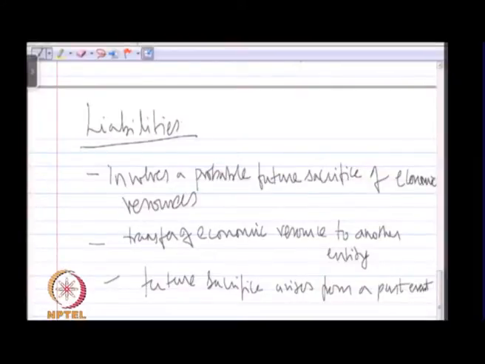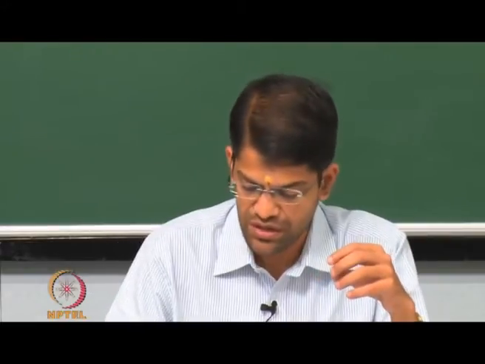Now, if you think about these criteria, it will help you to decide how to treat different business events, whether you need to treat them as an expense or whether you need to capitalize it as an asset, whether certain activities are revenues or not, loss contingency or not. So the criteria of accounts to be treated as assets and liabilities, if you are able to understand it properly, then you will be able to decide how to treat each of these business events.